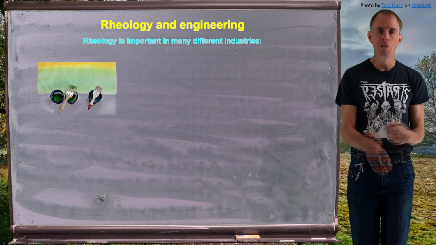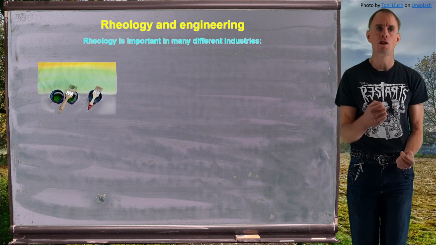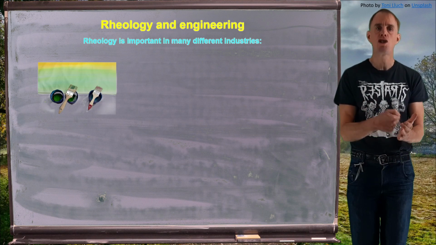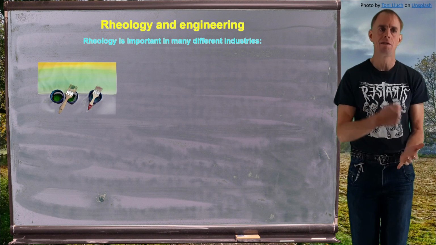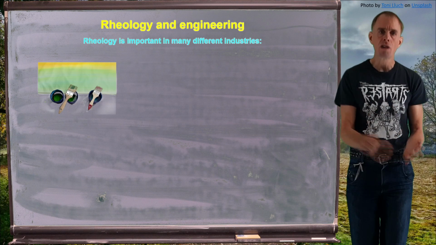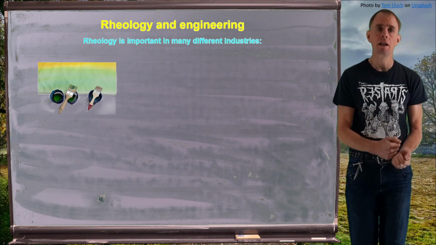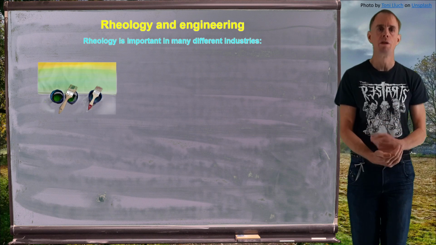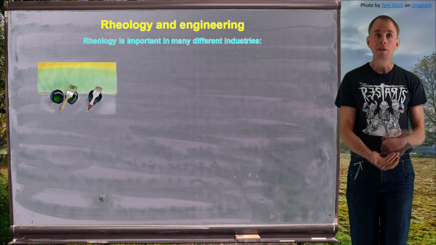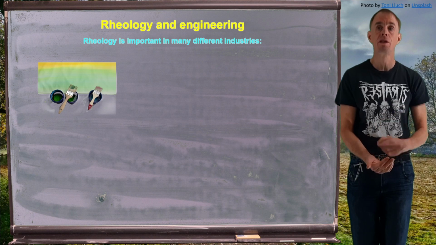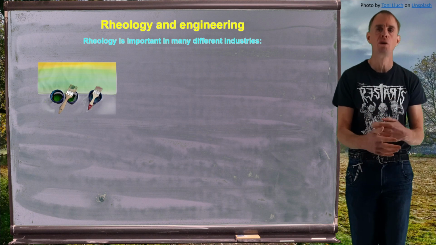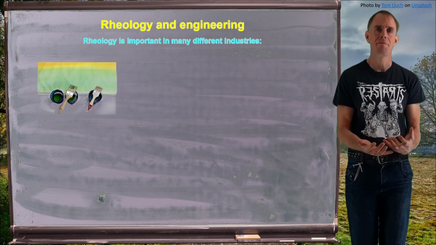Ideally, we want to get it on the brush nice and easily, and so we've got a high deformation rate when we scrape the brush in the paint in the tin, and at those high deformation rates we want the paint to be nice and fluid. Likewise, when we're applying the paint to the wall with a brush or a pad or a roller, there's potentially high deformation rates of that fluid going on, and again we want the fluid to flow nice and easily.